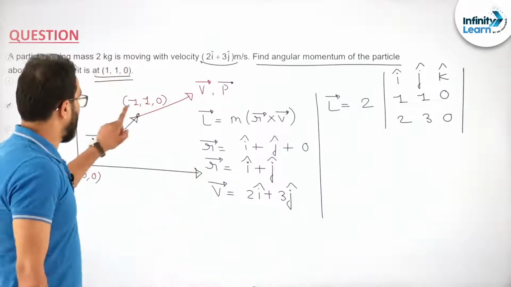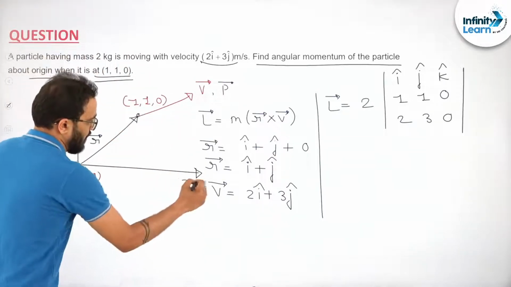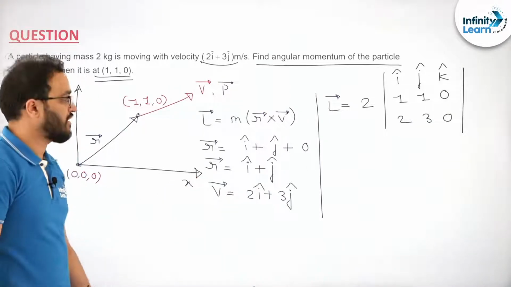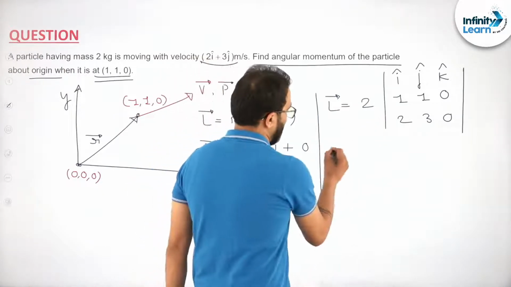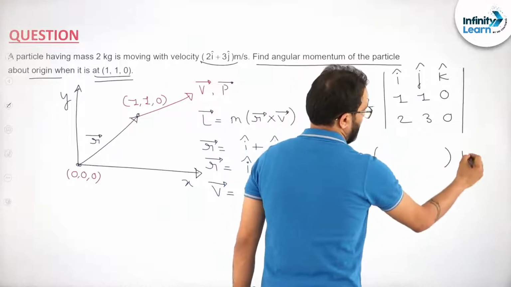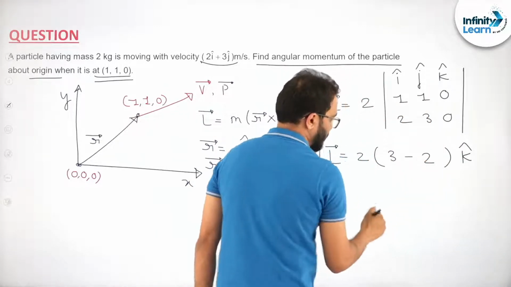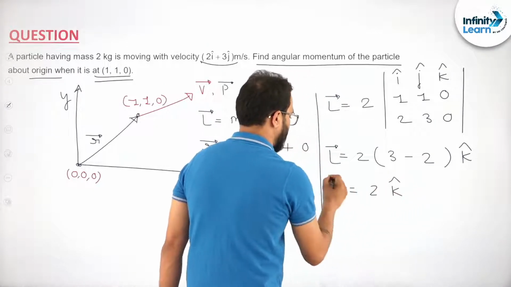Both the vectors, vector r and vector p, are in the xy plane. Can you see that? Now obviously their cross product will definitely lie along the z axis, so definitely the result will be only k cap. Are you understanding? So vector L will become 2 times k cap, 3 minus 2. That is 3 minus 2 is 1, so the answer is 2k cap.